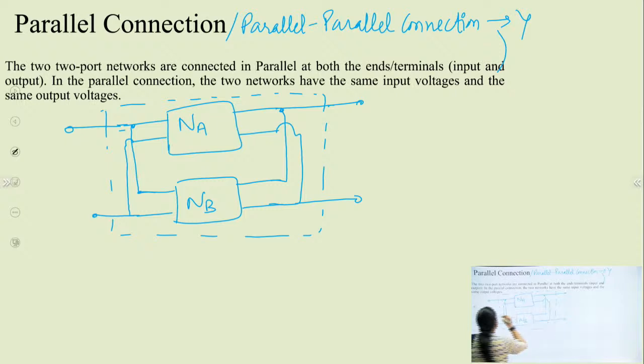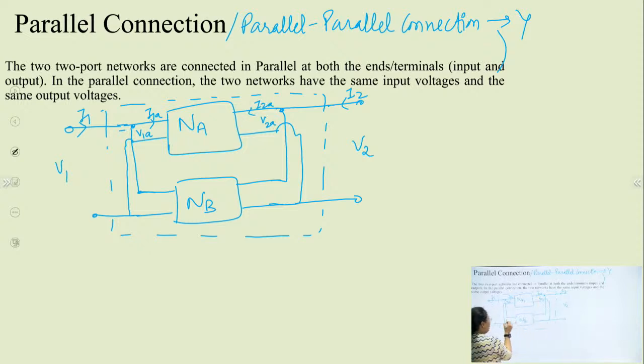Okay, so this is V1 and this is I1. Again, the parameters of the overall network: here V2 and I2 are the output terminal side, and the input side is V1, I1. Now what will be the parameters of the terminals of NA? V1A and this is I1A, this is V2A and this is I2A.